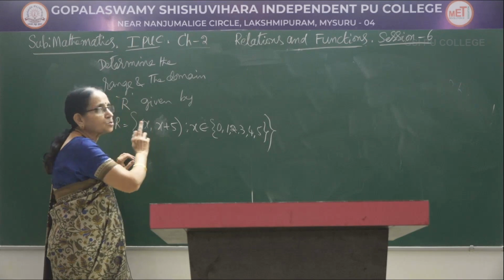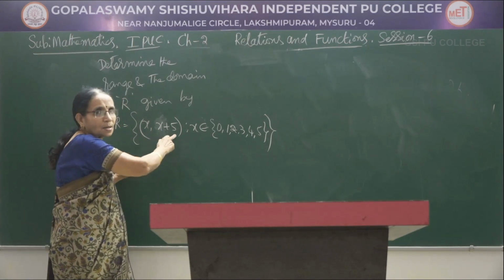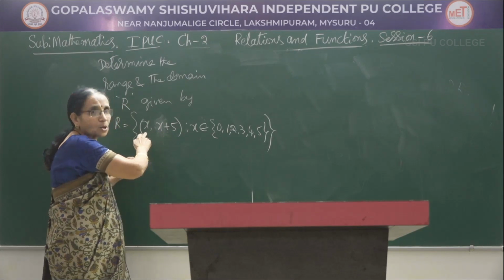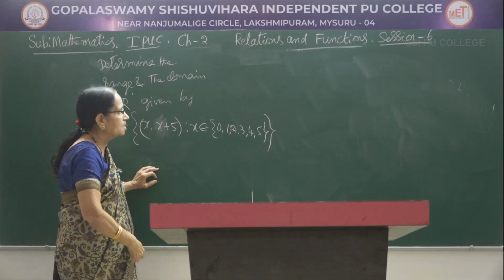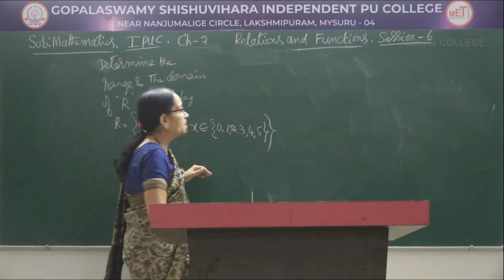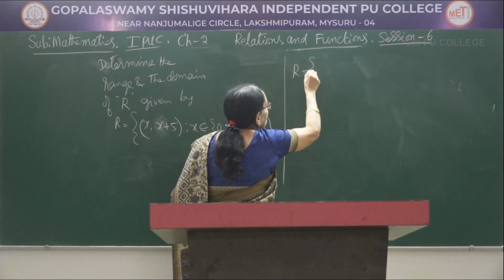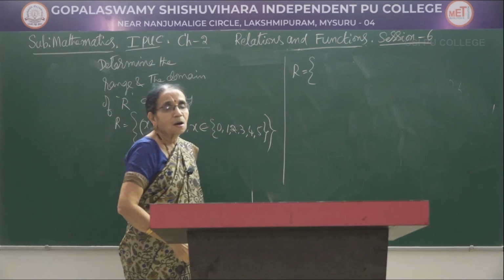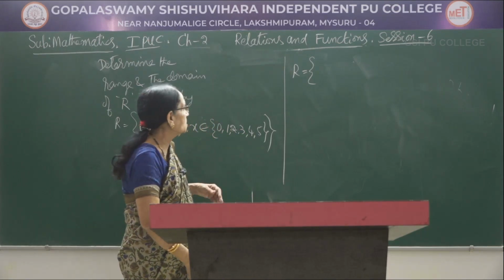So, (0, 5) is one element. When x takes a value 1, 1 plus 5, that is 6. And when x takes a value 2, 2 plus 5, 7. Like that you have to write the elements in the roster form. Though it has not been directly asked, better write the elements in the roster form. Then that will help you to write all the elements of the domain as well as the range here.